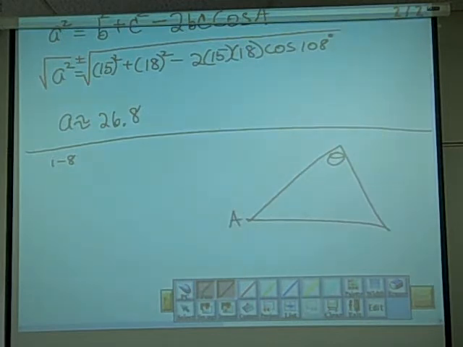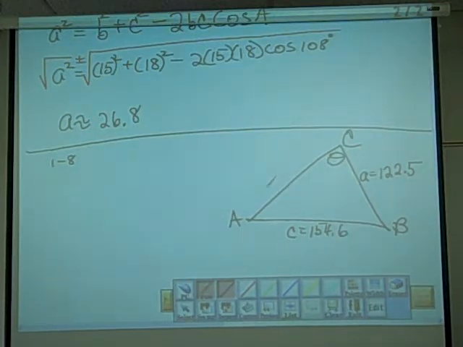This is angle A, angle B, angle C. And we do know that side A is 122.5. And side C, we know that's 154.6.